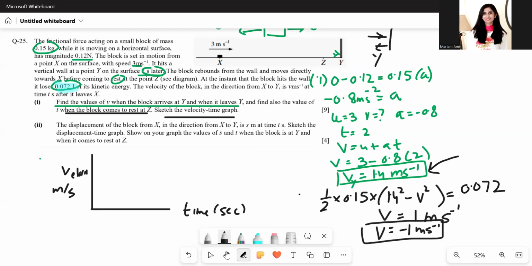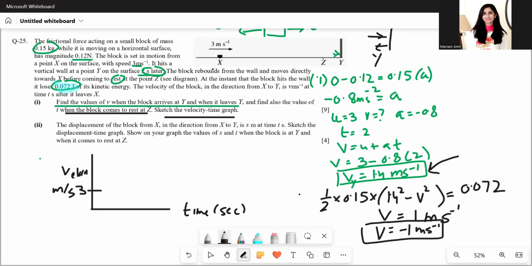Otherwise, you lose 1 mark for not doing correct labeling. We start from 3 because that's the speed at X. Then the speed decreases to 1.4, so somewhere over here, and the time is 2 seconds. So this is 2 and this is 1.4.